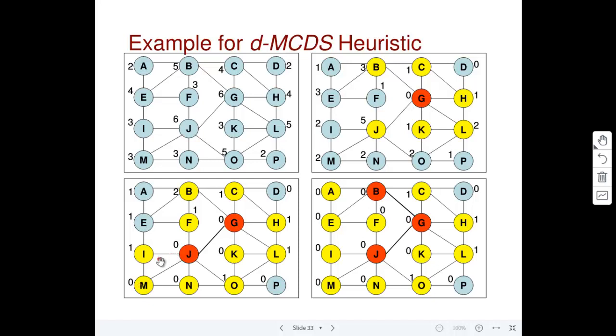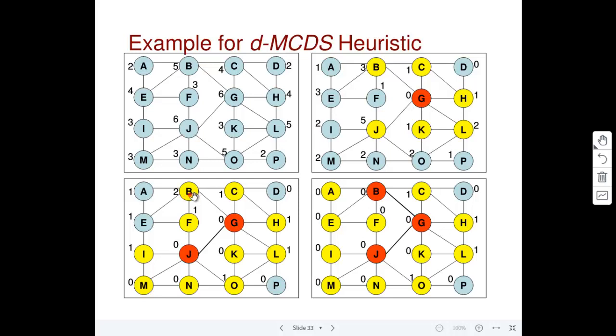Again, you color the covered nodes because you want to distinguish them from the uncovered nodes as you go through the calculations. For the next iteration, we again pick among the covered yellow vertices the one with the largest number of uncovered neighbors, which in this case is B. It has 2 uncovered neighbors.